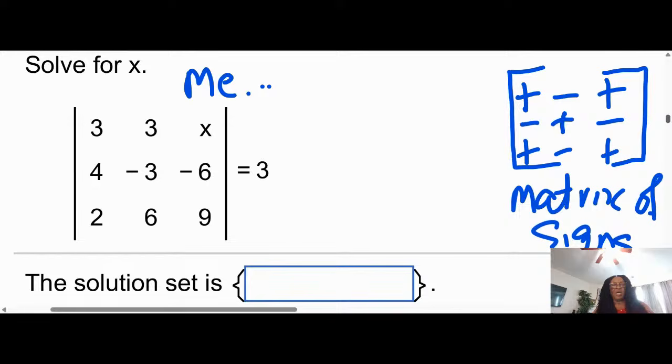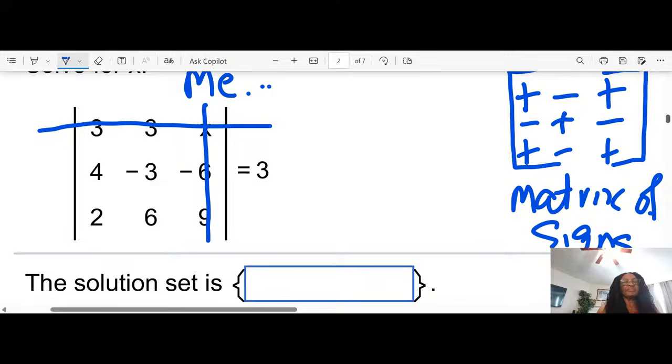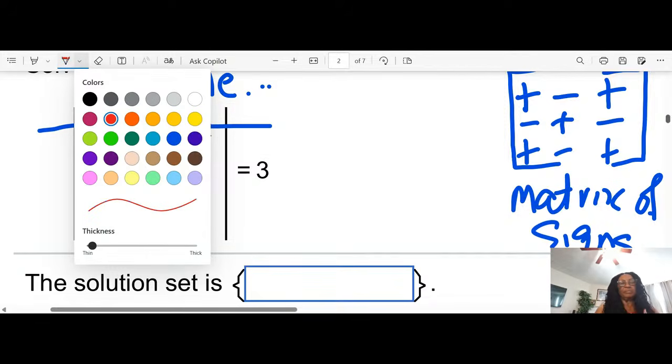All right, so I want to use the first row to solve this matrix. I can start from anywhere, but I want to start from X, in the first column and first row. Let me get a red color.